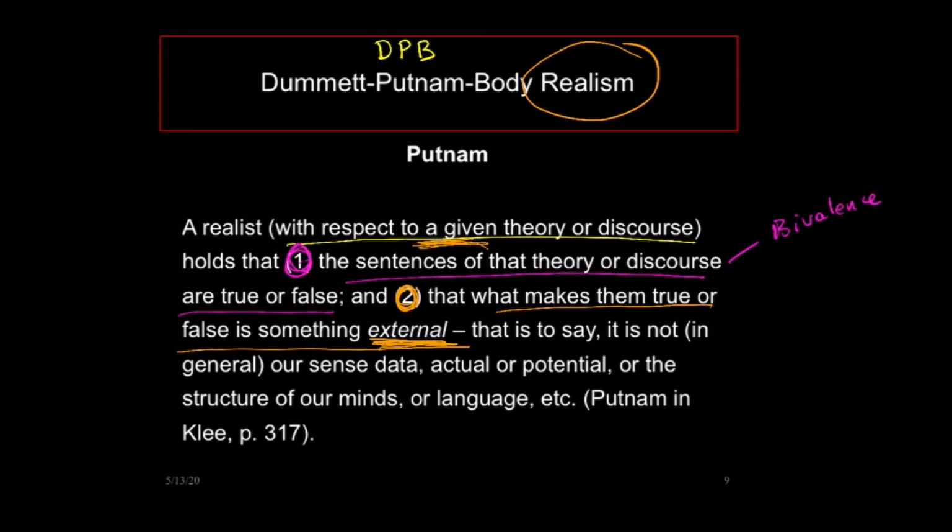To be an ethical realist is to be someone who believes that the sentences in ethics are determinately either true or false, even if we don't yet know their truth value. And that what makes them true or false is something external, typically something about the way the world is, whatever that means, okay? So this characterization of realism is very general and has scientific realism as only one of many special cases.